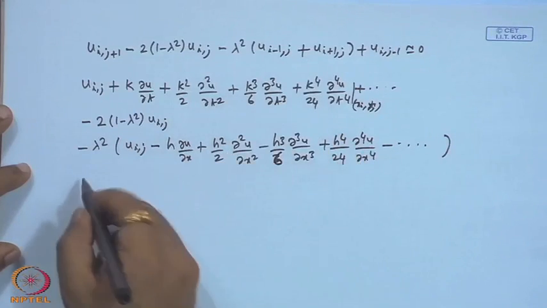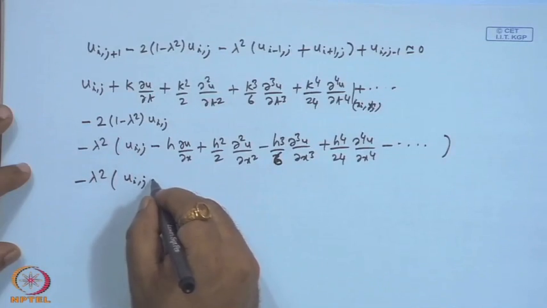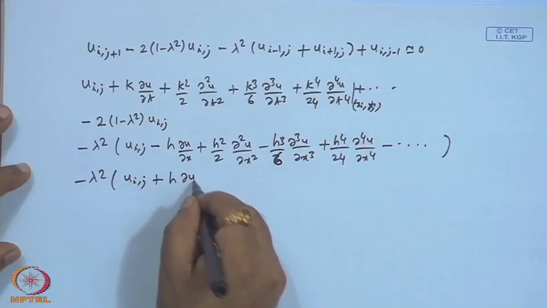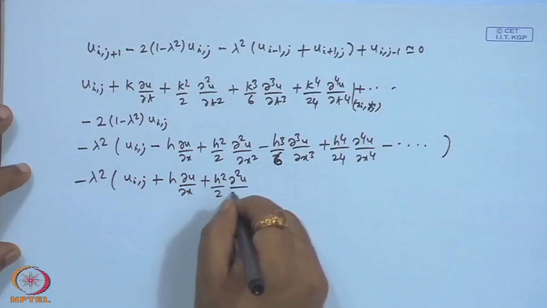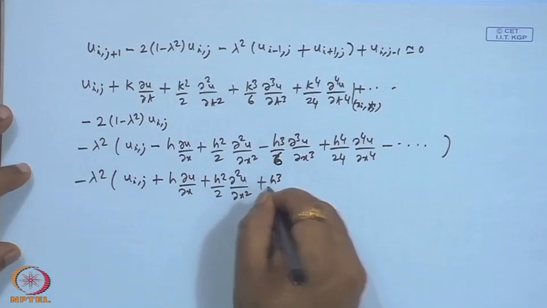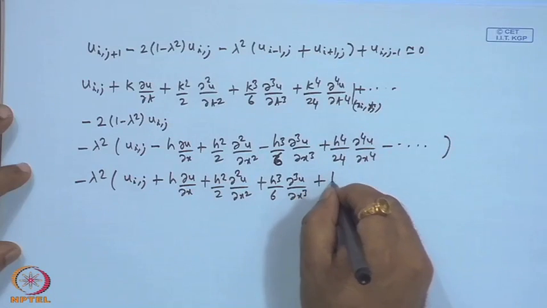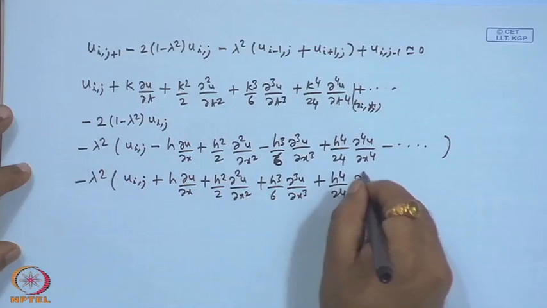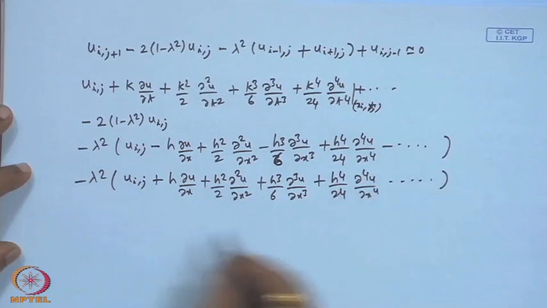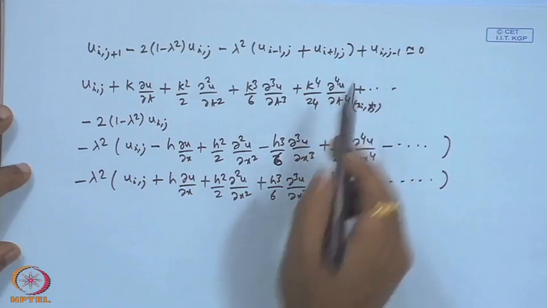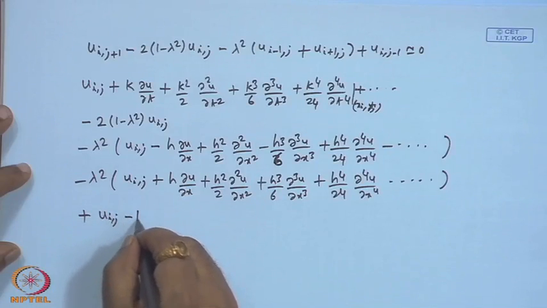Then we have minus lambda square, I mean this is u at x plus h. We have done this earlier, so by now you should be conversant with this technique, plus u_i,j minus 1, minus k.